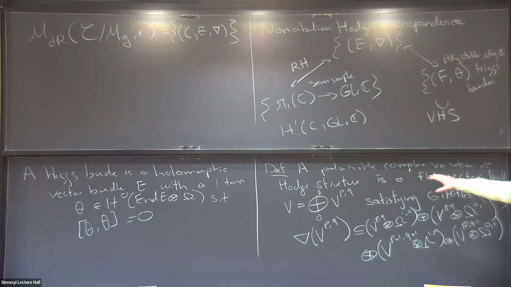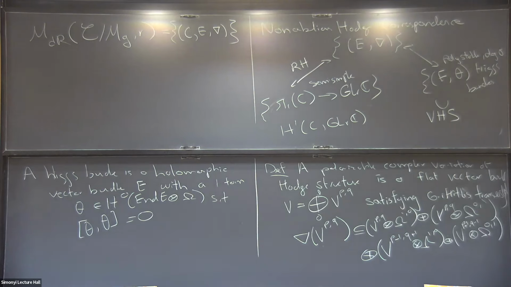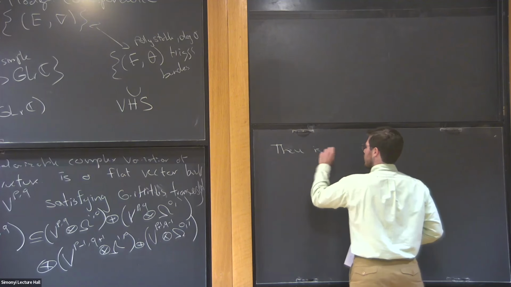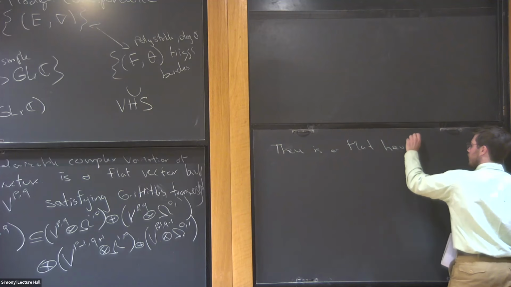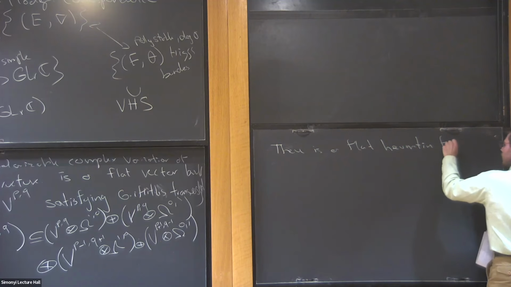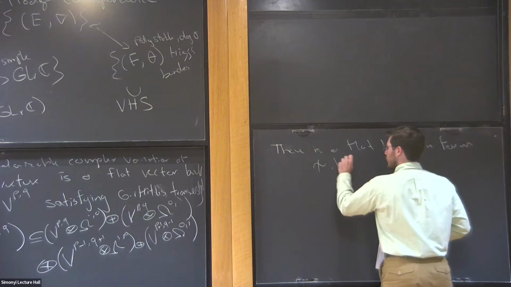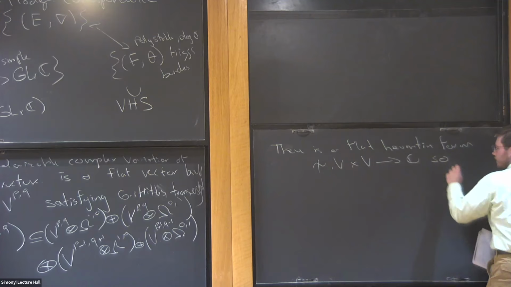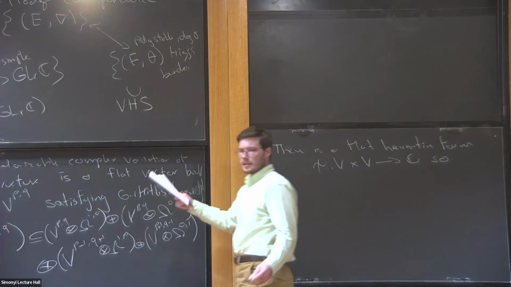The polarizable condition is that there is a flat Hermitian form on the bundle, psi, times v of c, so that it makes each of these pieces orthogonal with respect to this form.